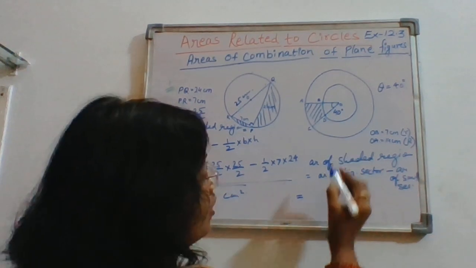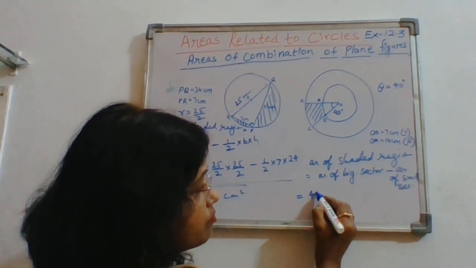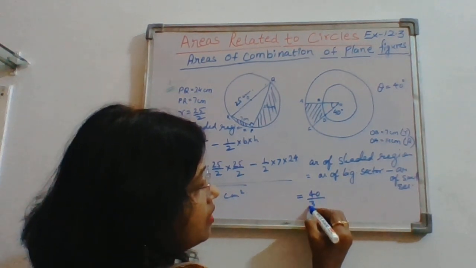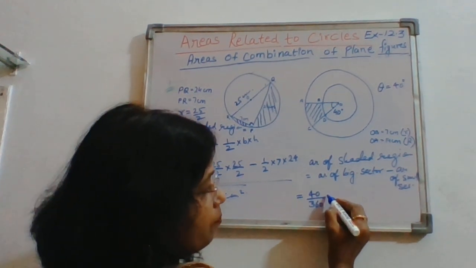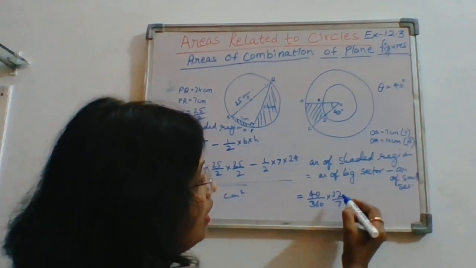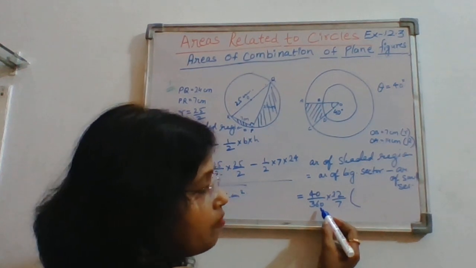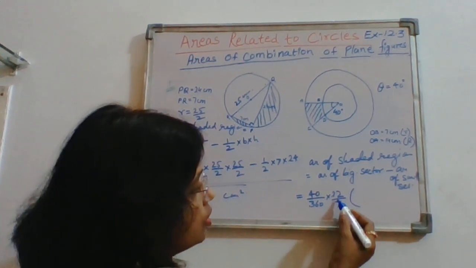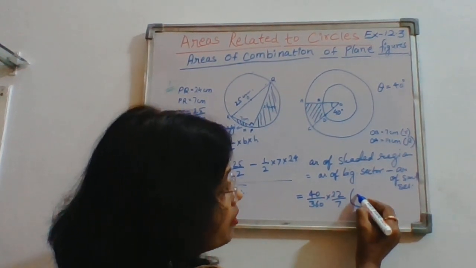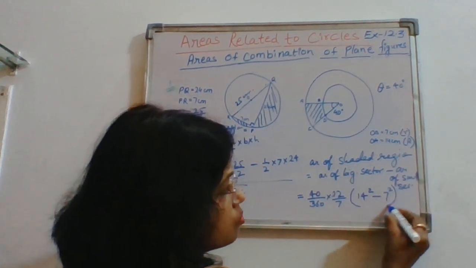Now area of the bigger sector will be theta upon 360, that is 40 upon 360 into pi. Pi consider as 22 by 7, and because both will be considering the same value, 40 upon 360 into pi, capital R square is 14 square minus 7 square.